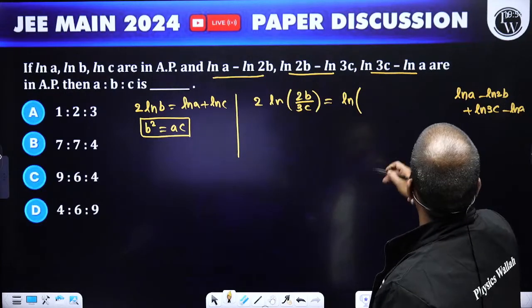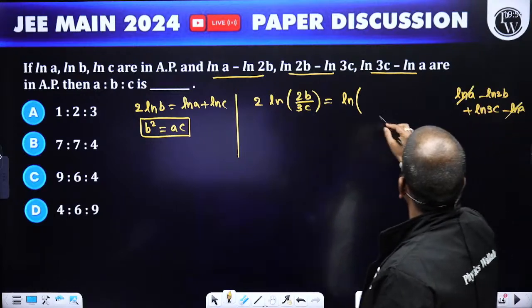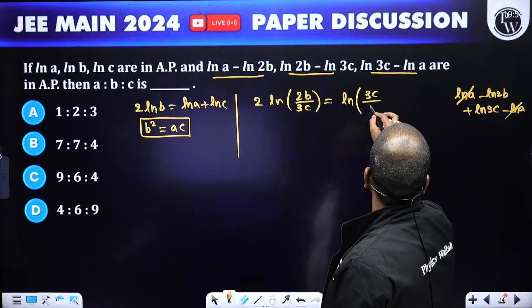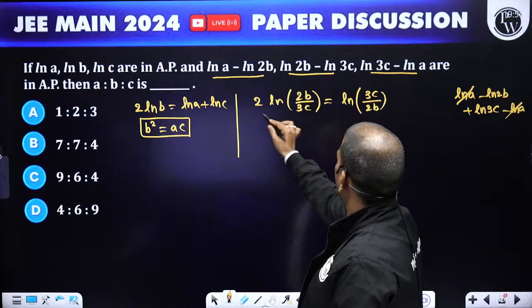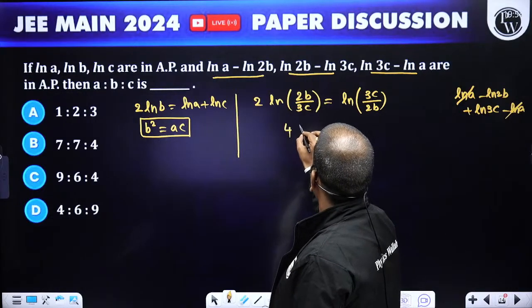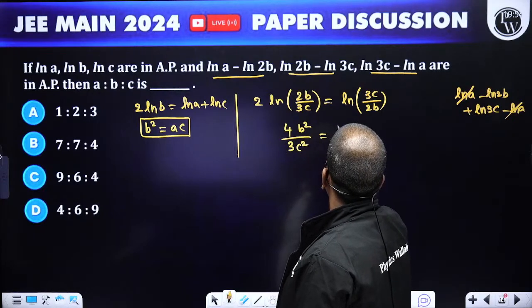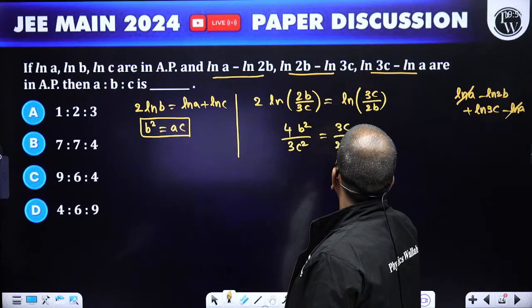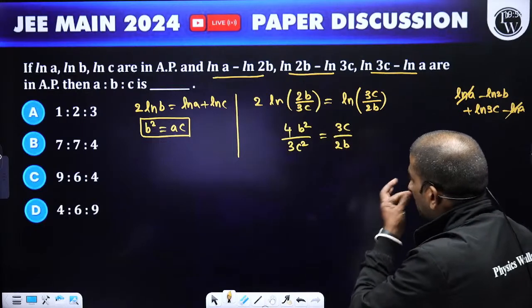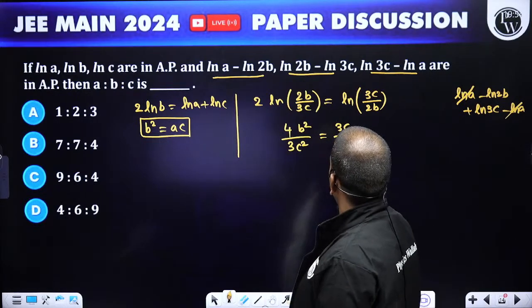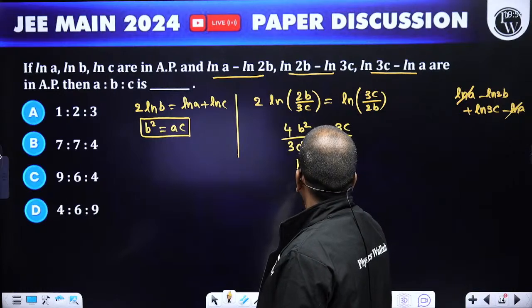So ln a got cancelled. So what I would get is 3c by 2b. I can cancel out ln, so that 4b square by 3c square is equal to 3c by 2b.